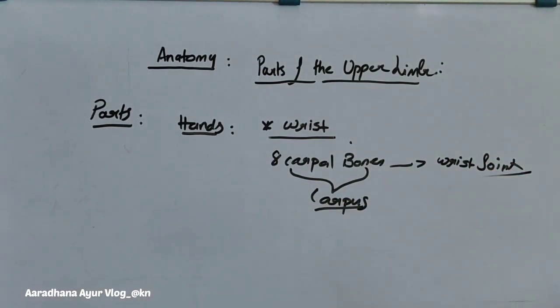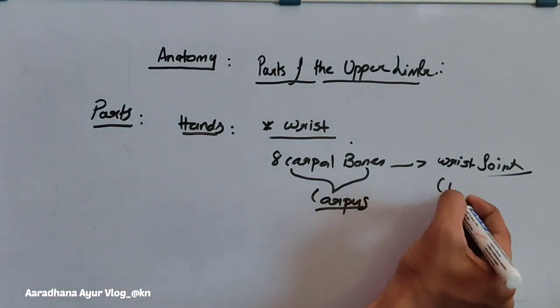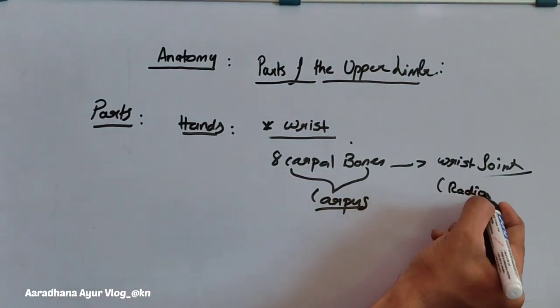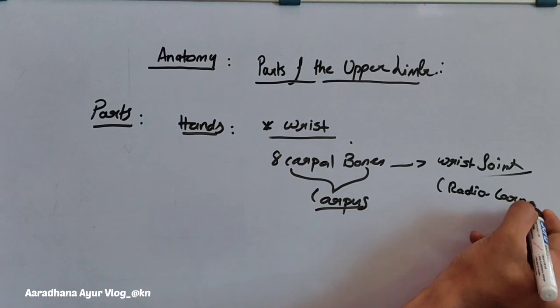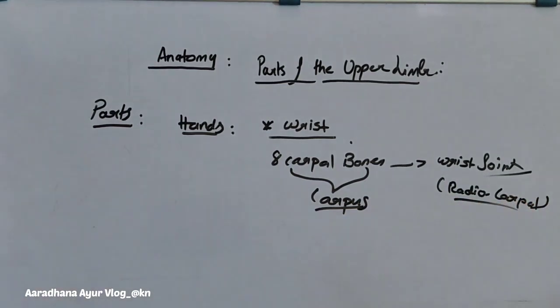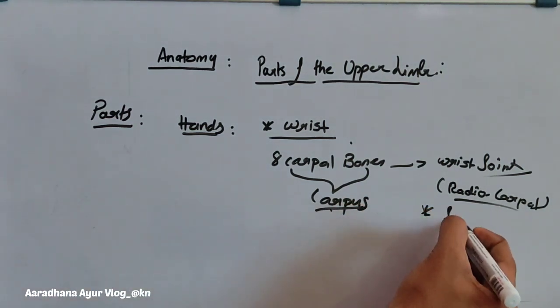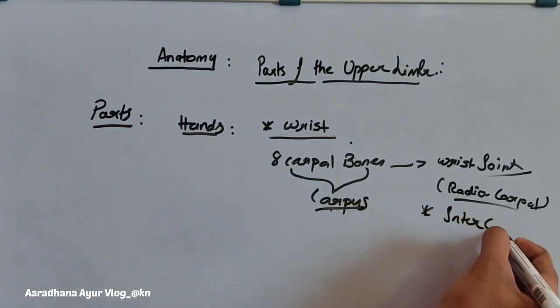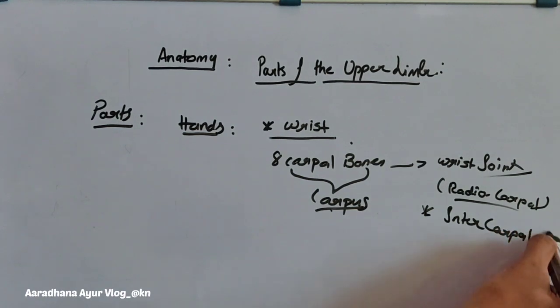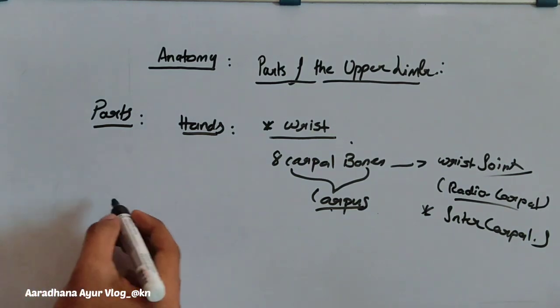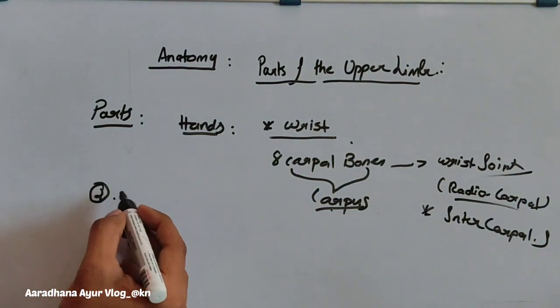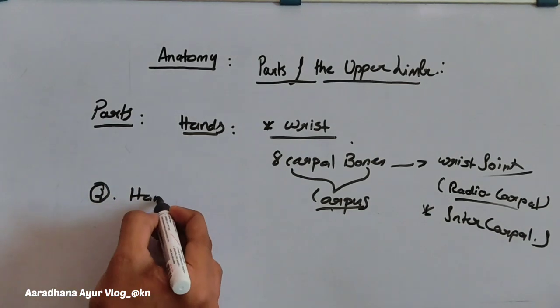That is the radiocarpal joint. And also, one more joint it makes, that is the intercarpal joint.